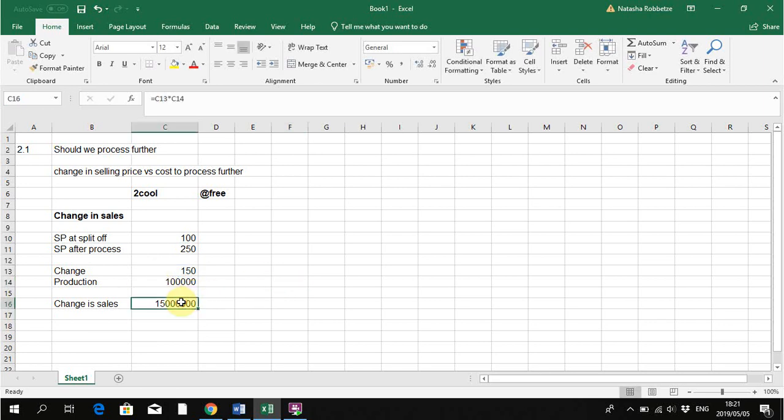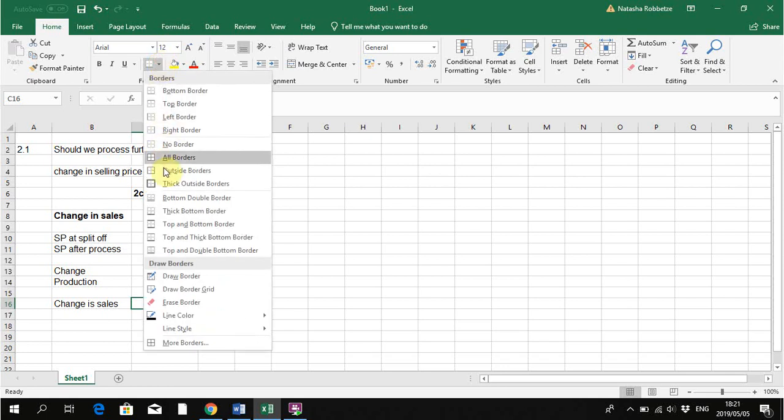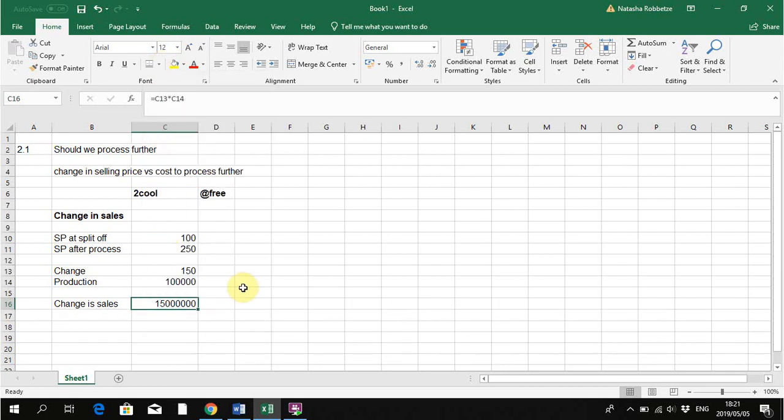Therefore, it's 15 million Rand. We just count the zeros. So it's an additional 15 million that we will score from having this increase in selling price.